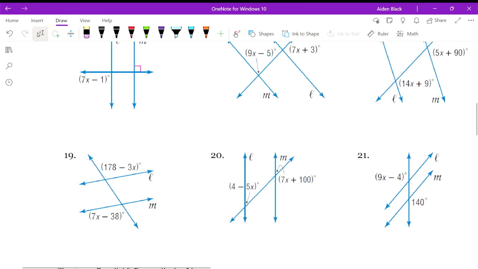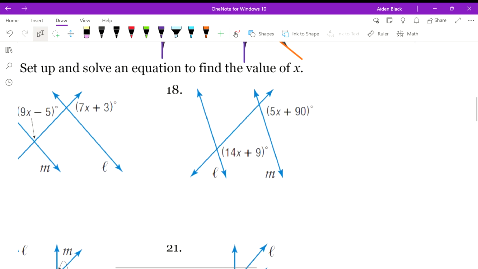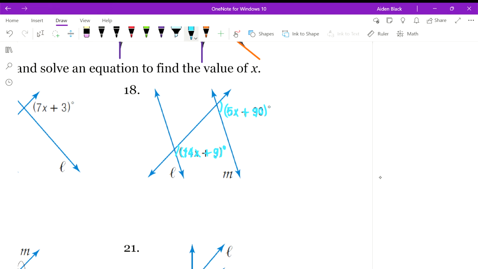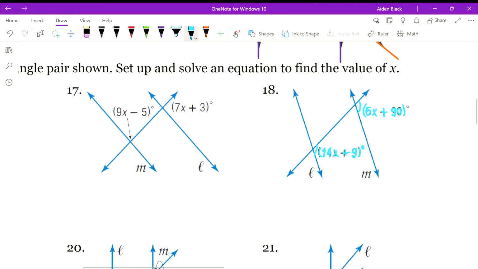Let's go through just a couple of these. Here we go, 18, let's look at this. So they're saying that this angle here is 5x plus 90 degrees, and this one right here is 14x plus 9 degrees. Well, what's the relationship between these two angles? One thing to note is we know that L and M are parallel.